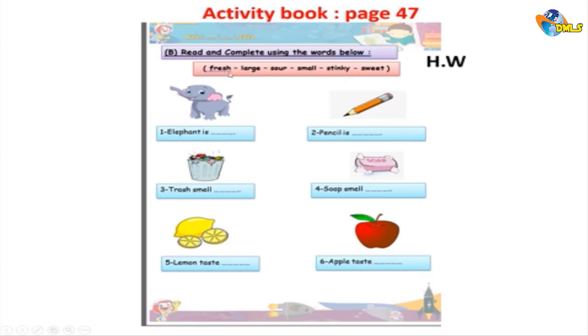We have fresh, large, sour, small, stinky, sweet. Number 1, elephant is, we will complete it. Elephant is fresh, large, sour, small, stinky, or sweet? Elephant is, yes, large. Elephant is large. You will complete it as homework.